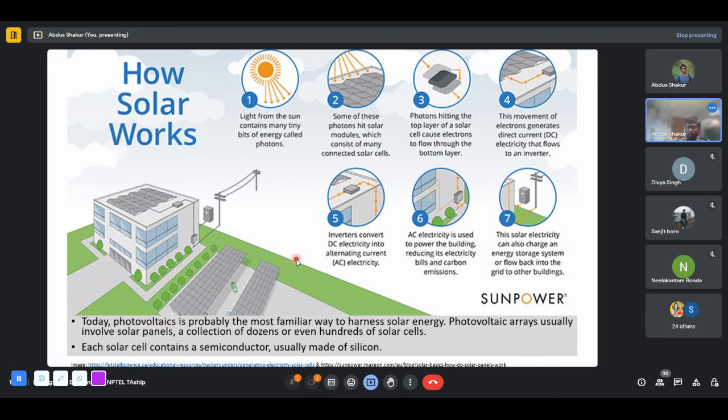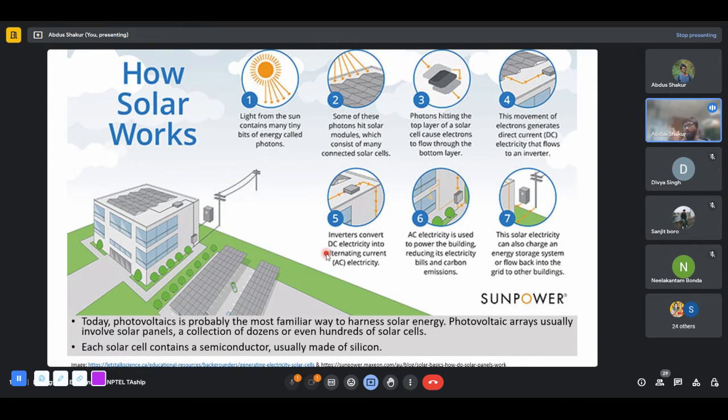Today, photovoltaics is the way to harness solar energy. Most of this is because of silicon, as most of the semiconductor material used in solar panels is silicon.